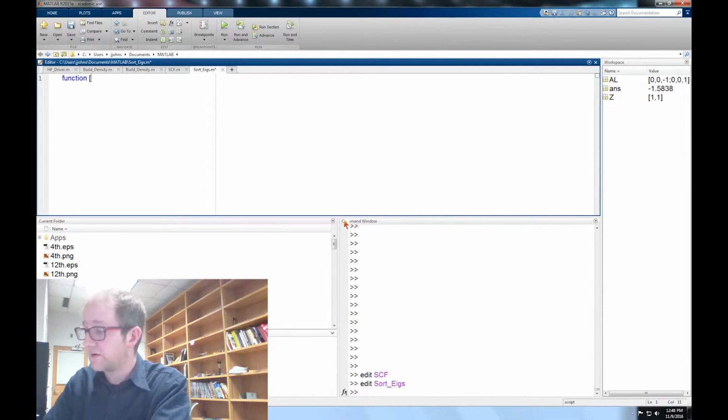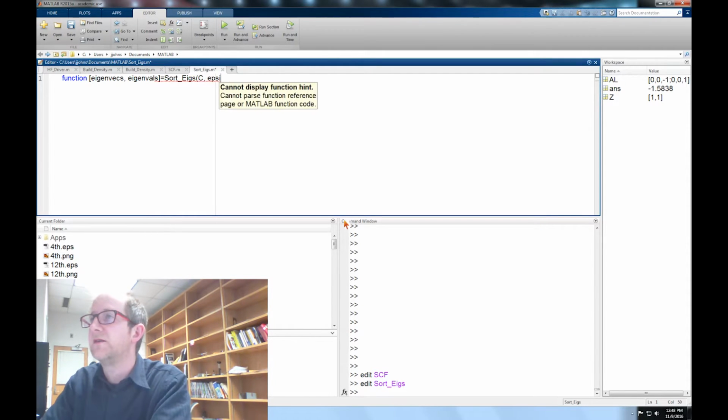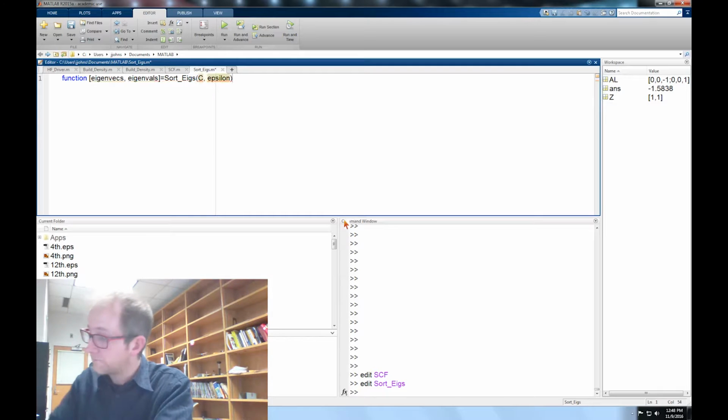The function: let's call this eigvex, eigvals equals sort eigs C, epsilon. As in almost all of our functions, we're going to just get the dimensions of the array, size C.